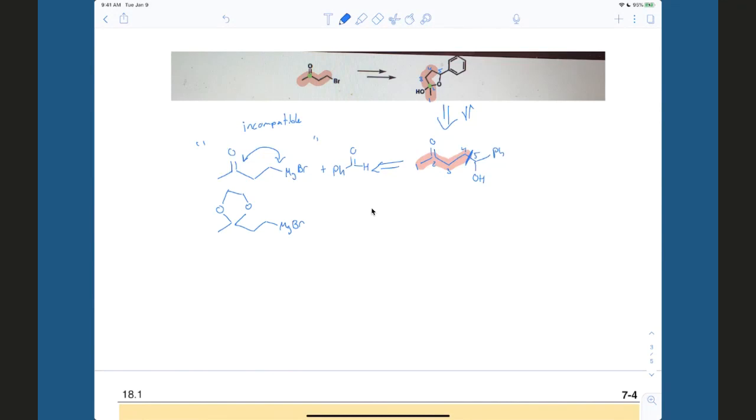I was confused what would happen to the ether oxygen. So if we look, I'll make a little thing in the corner. So when we do this, the middle carbon, the carbon that's attached to two oxygens.